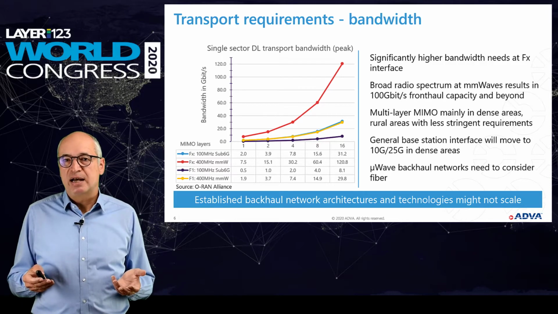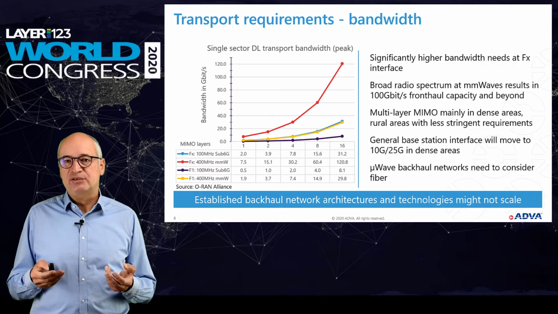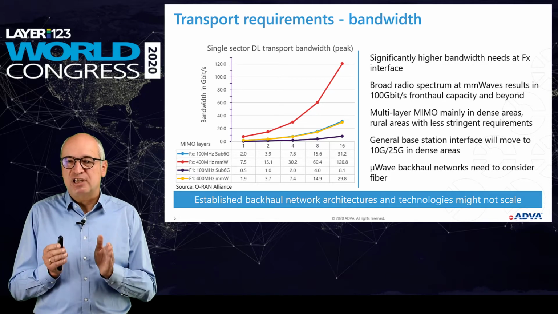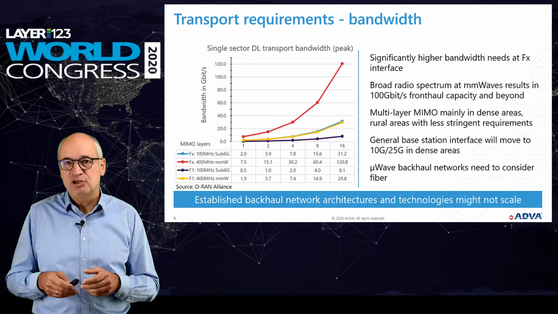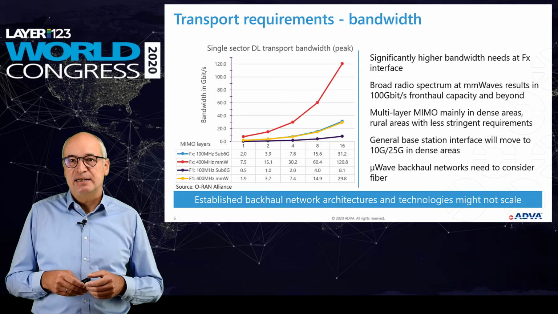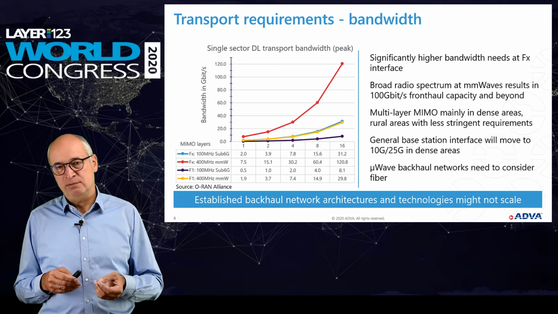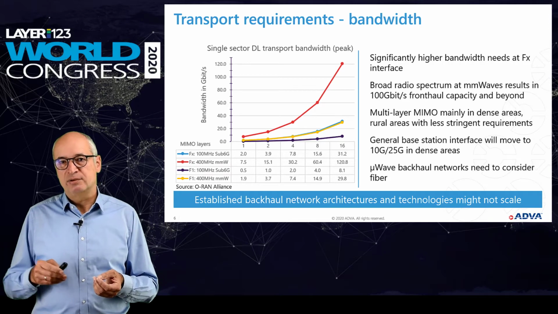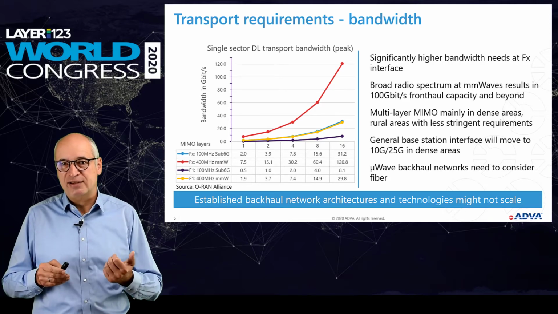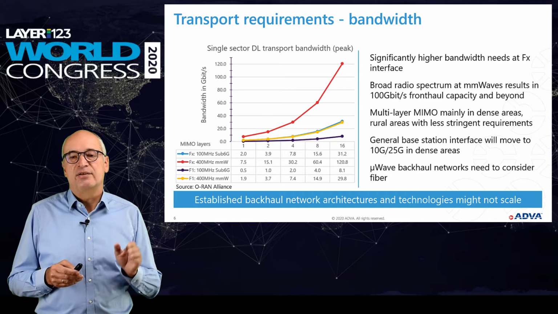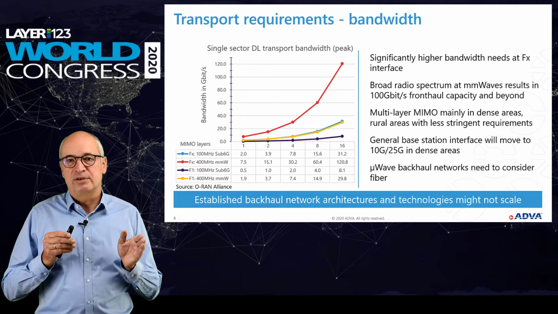MIMO means spatial multiplexing, so reusing the same spectrum several times by spatial multiplexing, increasing the usable bandwidth, and comparing that for the F1, the interface between the CU and DU, and the FX interface, the interface between the radio unit and the distributed unit.